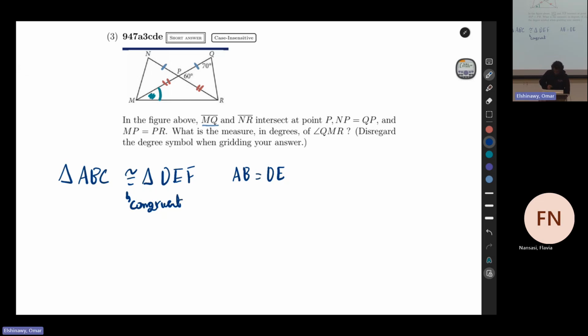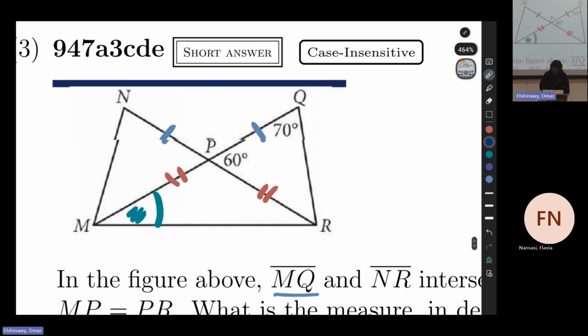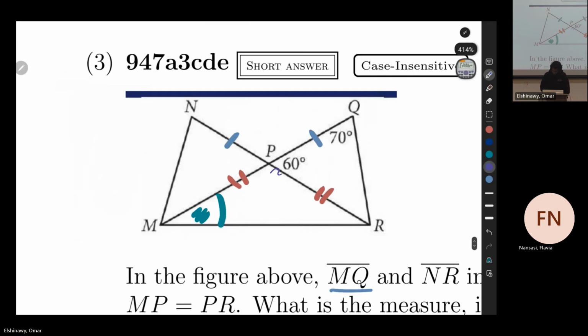I have a good idea to find this angle here. Do you see it? Not the angle, but the idea. So we'll just apply what we've just done.